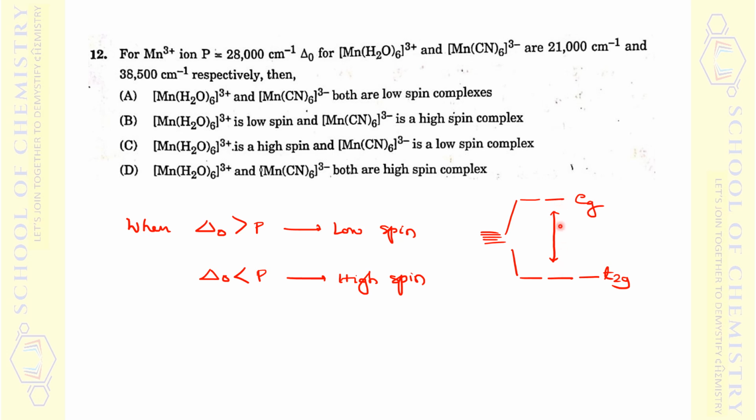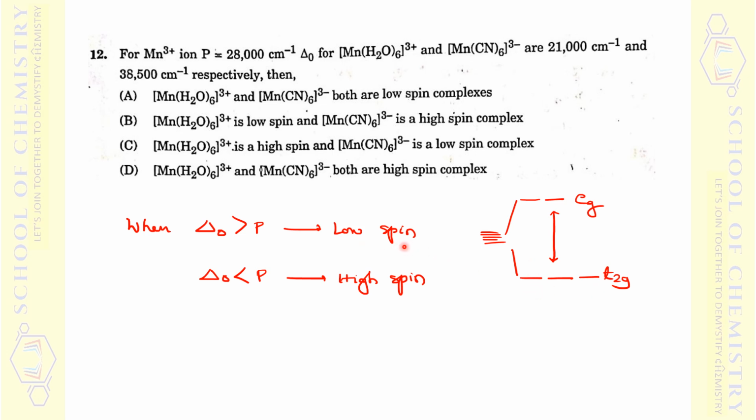If this energy gap is high, which happens when the ligand is strong, high in the sense that the gap is more than the pairing energy, as it happens here where delta O is more than pairing energy, then when you are filling electrons, because the pairing energy is less, the filling happens like 1, 2, 3. Because the gap is more and the pairing energy itself is less, pairing takes place, and that's how it results in a low spin complex.